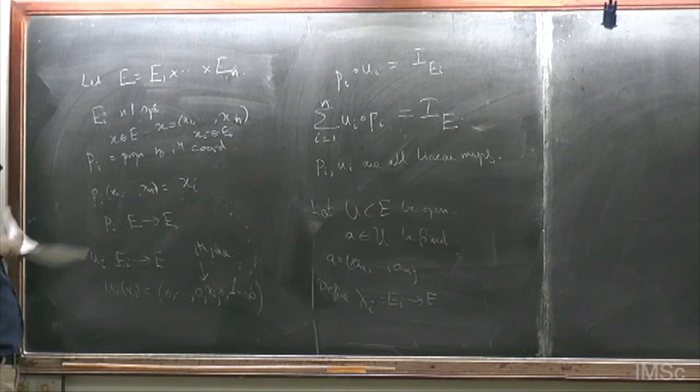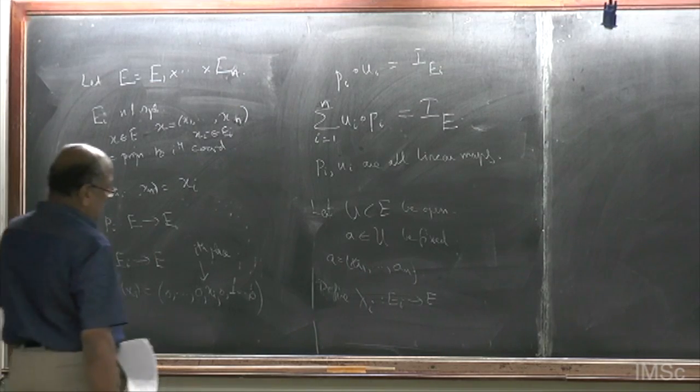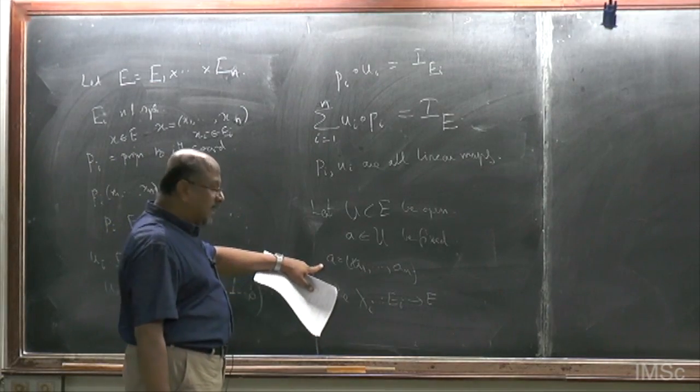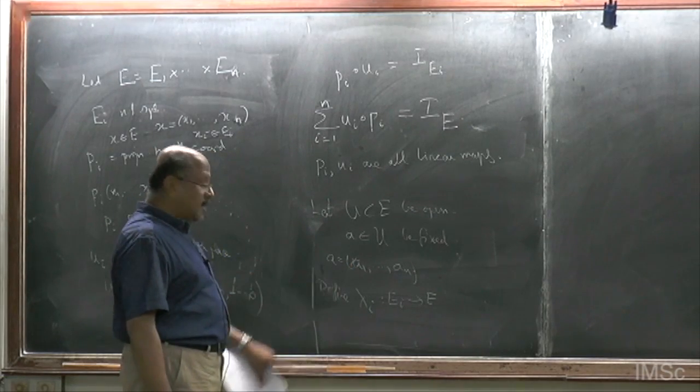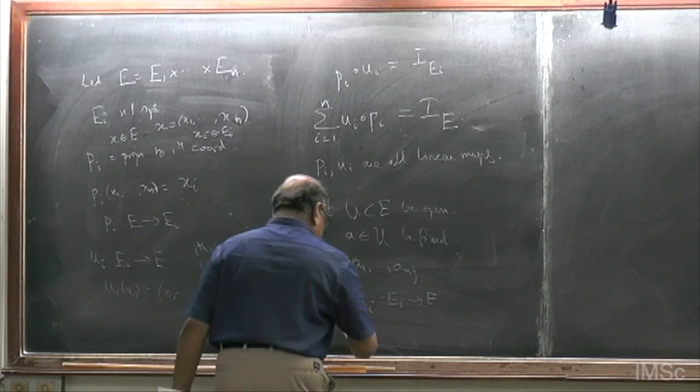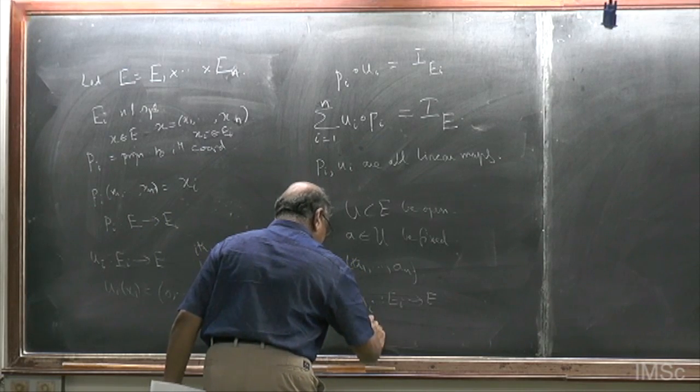Nothing changes here. It is whatever I wrote for F, you write for E. Now, the only new thing is fixing A, I am going to define a function lambda i, which depends on this, and this is given by lambda i of xi.